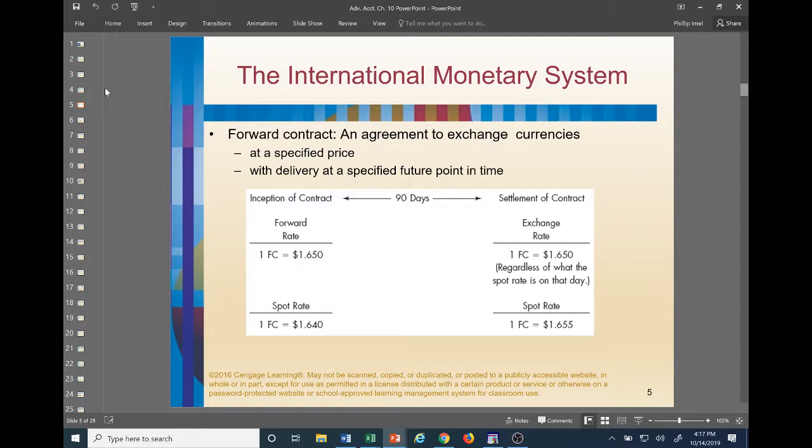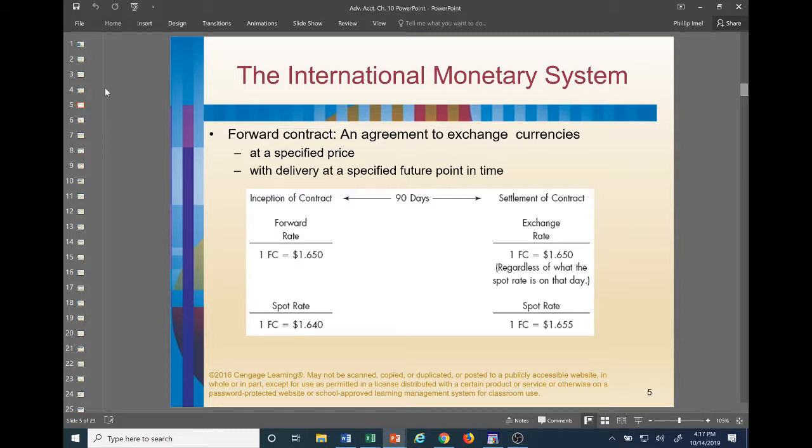Although future exchange dates typically are quoted in 30-day intervals, contracts can be written to cover any number of days. So to illustrate a forward contract, assume a forward rate to buy 1 foreign currency to be delivered in 90 days is $1.65. This means that after the specified time from the inception of the contract date, 90 days, 1 foreign currency will be exchanged for $1.65, regardless of what the spot rate is at that time.